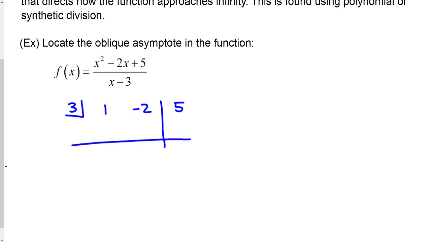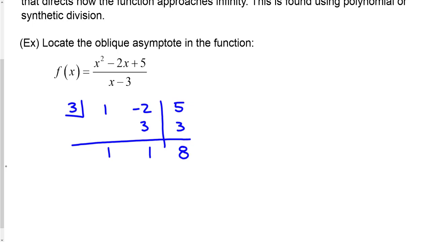And then I always set these apart as I get my answers. You bring the 1 straight down, multiply that 1 by the 3, place that number here. Add the -2 and the 3 together, which gives you 1. Then 3 times 1 is 3, and then we get an 8 here.